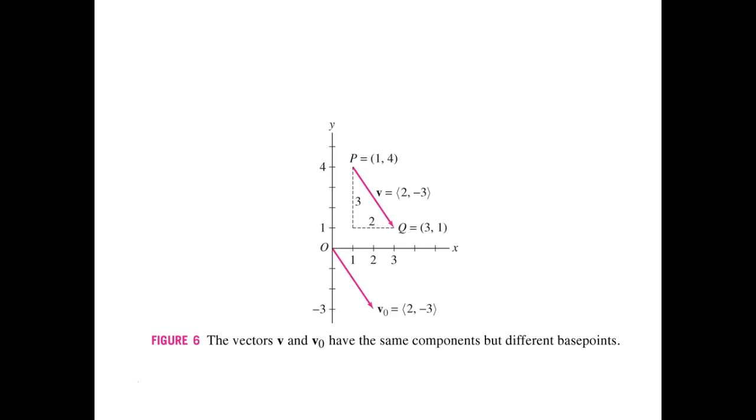And if you translate that down to the origin, so you're in standard position, your position vector, then your terminal point down here is also going to be (2, -3), and when you connect that with the line segment, that makes your vector V0 <2, -3> as well. Same components, different base points, V0 being your position vector, so its endpoint has the same coordinates as the components of the vector. Okay.